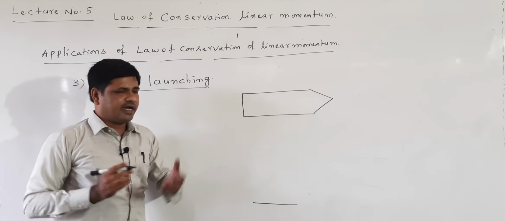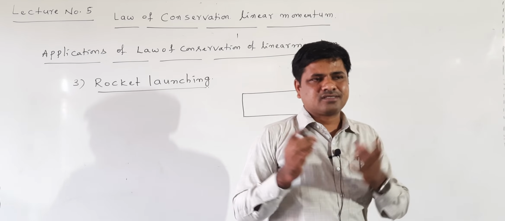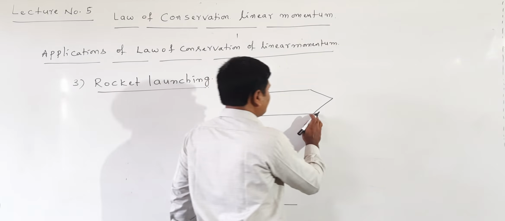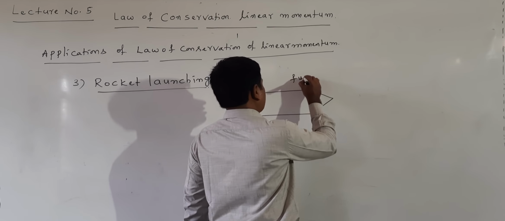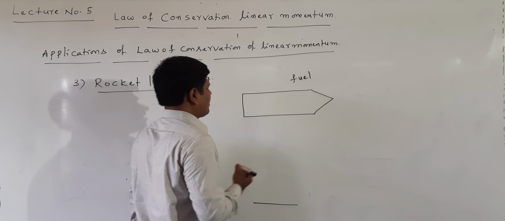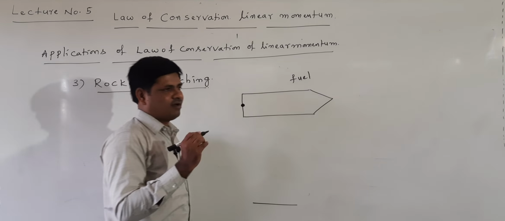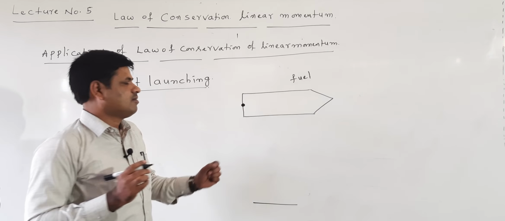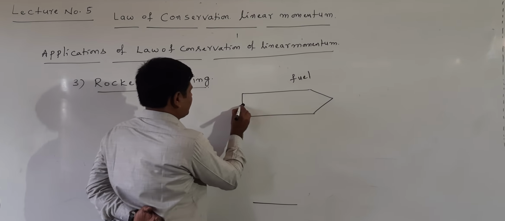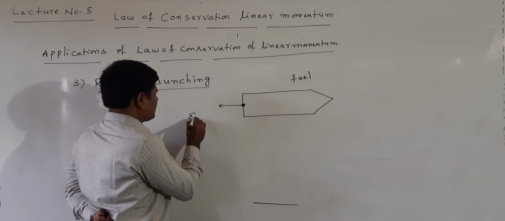Inside the rocket there is fuel. When the fuel burns inside the rocket, some gases are released. Those gases come out through a small nozzle or a small hole in the backward direction. These gases are called exhaust gases.